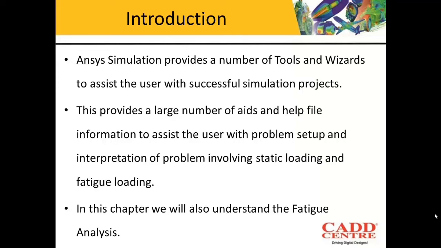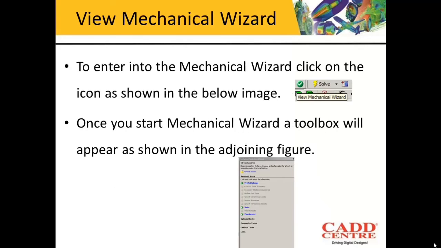When you want to use the wizards and tools in the mechanical window, you will have to click on the green colored arrow that appears there. Once you click over there, you will get a mechanical application wizard box just on the right hand side of your graphics screen, and in that you will see some steps that will appear, and you just have to follow these steps to complete the process.